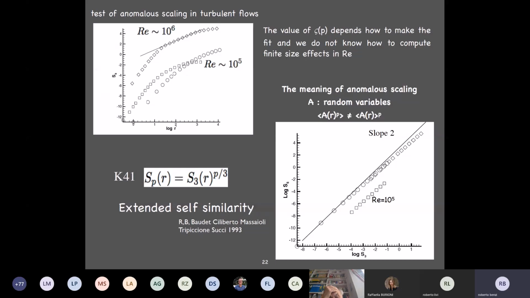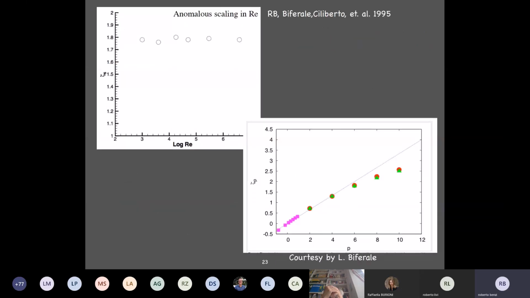In fact, what you end up with, in a very short summary, is that the anomalous scaling is observed. These are, for instance, the data for the sixth-order structure function, which with respect to the Kolmogorov theory is predicted to be 2, and now is much less than 2. And this is the value as a function of the logarithm of the Reynolds number, and according to these experimental data, the anomaly is there no matter what the Reynolds number is.